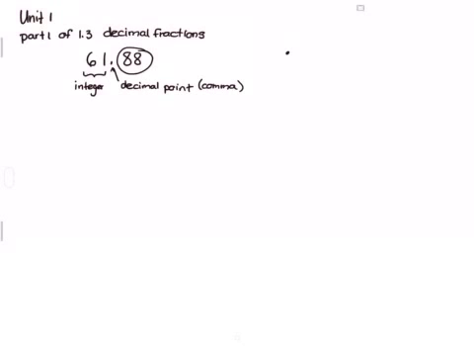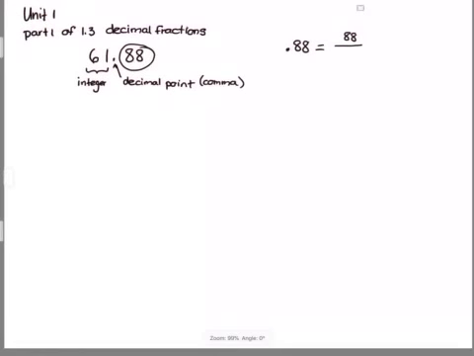So the 0.88 we can write in different ways. You can write it as 88 over, then you put a 1 and you say there are 2 decimal digits, so you put 2 zeros.